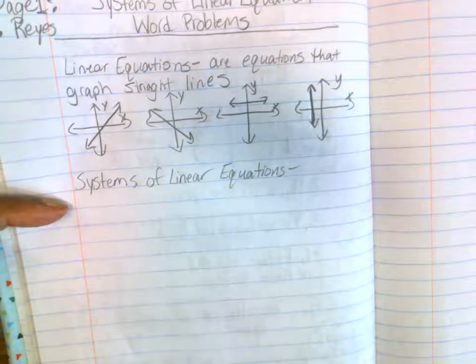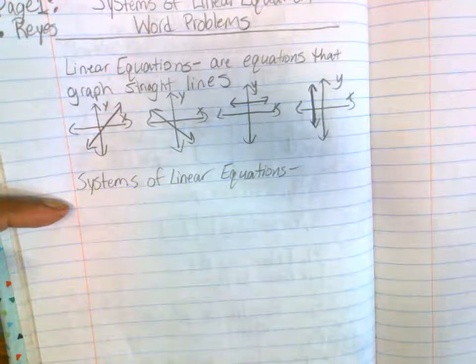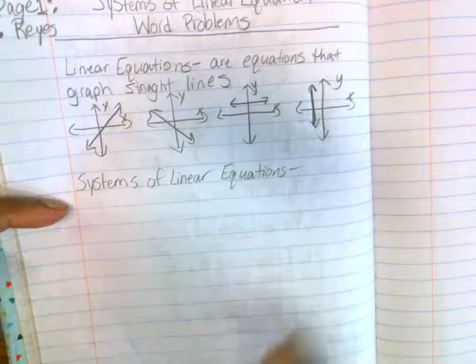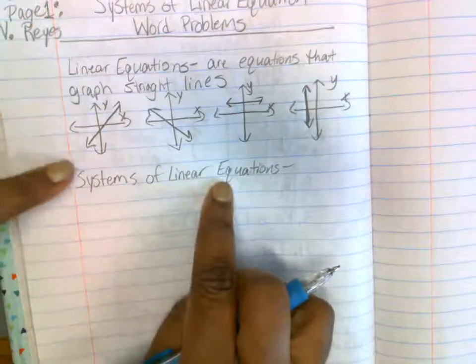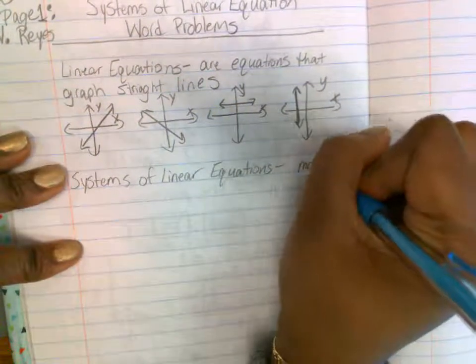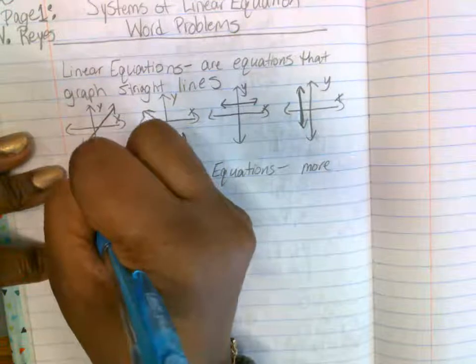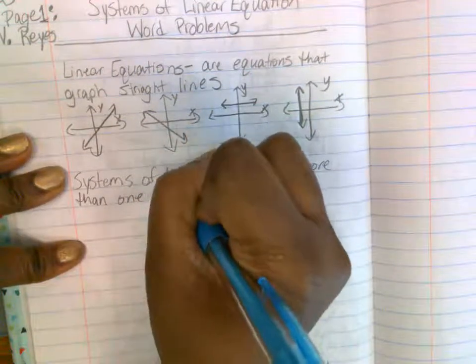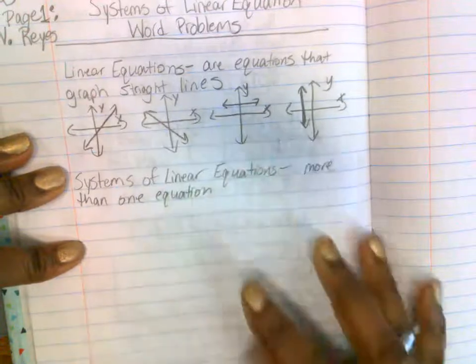A school system consists of more than one school. A body system consists of more than one body part. So a system of linear equations is more than one equation, or linear equation, okay?